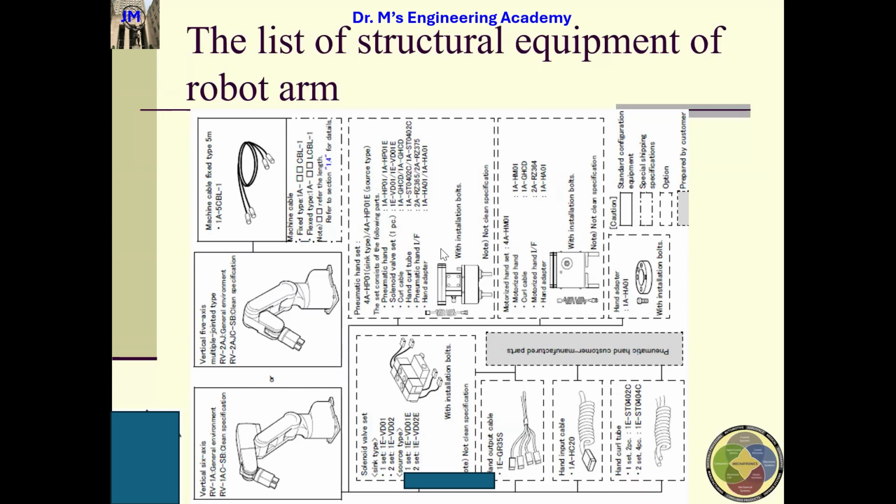This is the pneumatic hand, and ours is a pneumatic hand. This other one is a motorized hand. And these are the cables. You can just take a look after class.